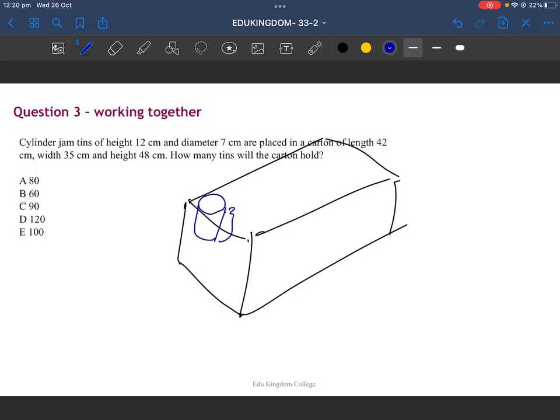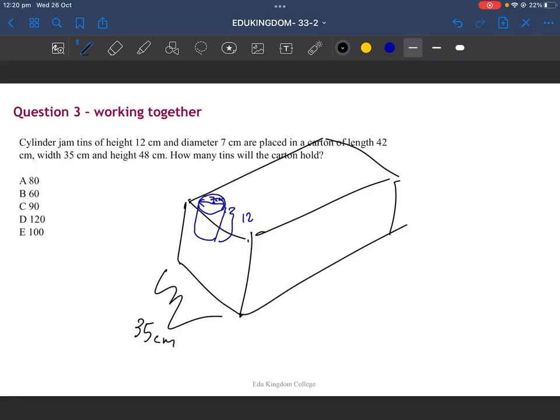We know the height is 12, and the diameter, remember, is one line passing through the center of the circle to the other side of the circumference, 7 centimeters. Now, if that's 7 centimeters, how many would we fit this way? Well, we know that the width of the container is how much?